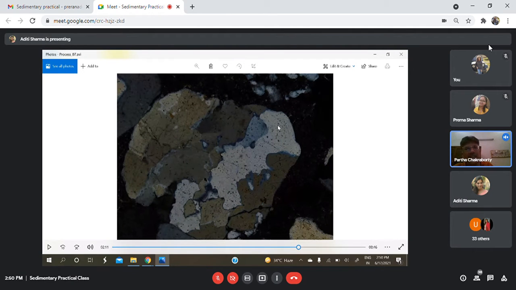Do you see this kind of thing in a chert fragment? No, sir. So remember, this is basically polycrystalline quartz. Later we will show a siltstone fragment and chert, and then we will come back to the difference between the three, because there is every time a chance of misinterpretation.